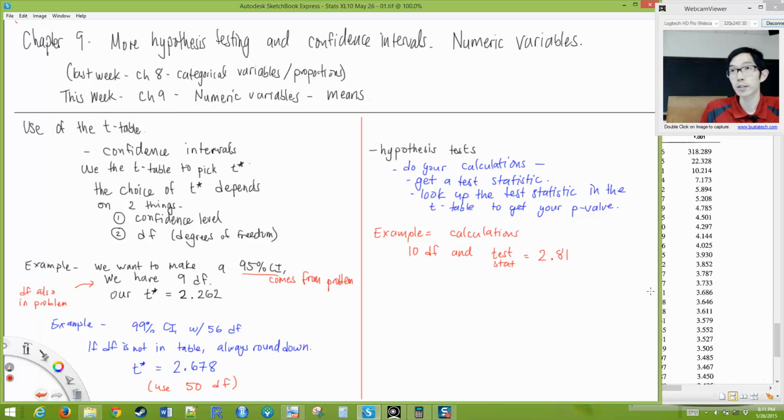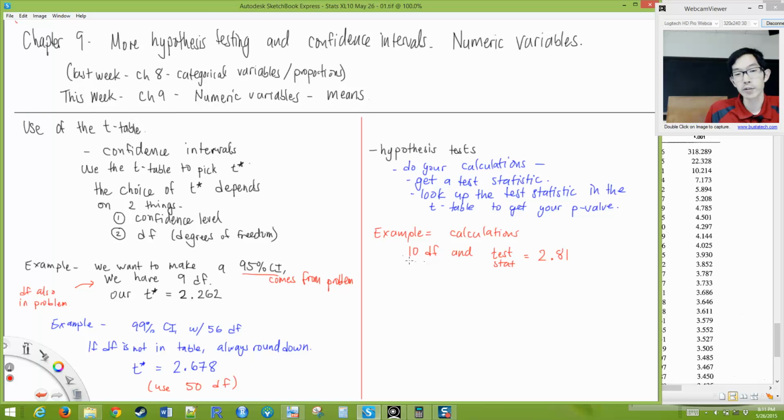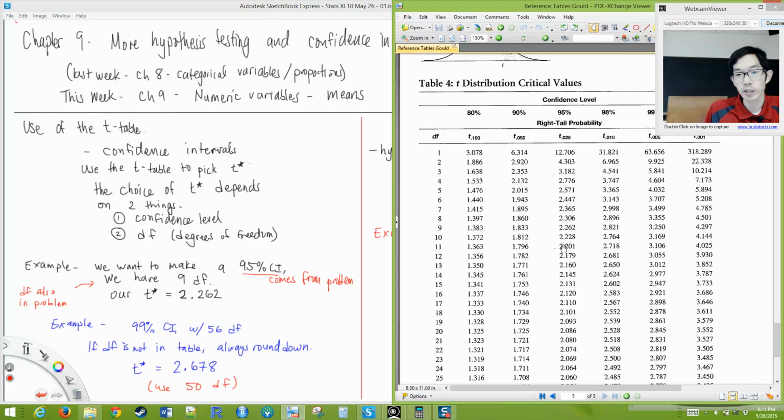All right, this is how we get our p-value from there, okay? So first we're going to get our tail area. We're going to take this number 2.81, and we're going to come over to our table, and go to the row where we have 10 degrees of freedom. In the problem, we figured we have 10 degrees of freedom, so I'm going to be in this row right here.